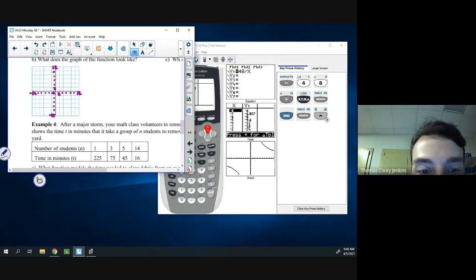Negative 4 goes to negative 12. Negative 6 goes to negative 8. Sorry, I made a stray mark there. And negative 8 goes to negative 6.